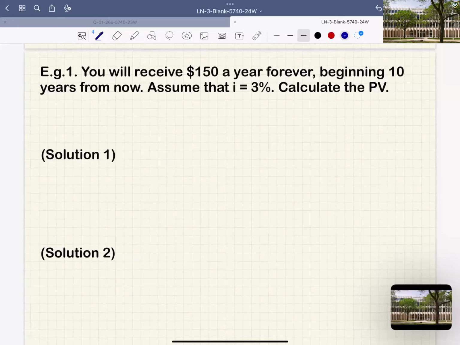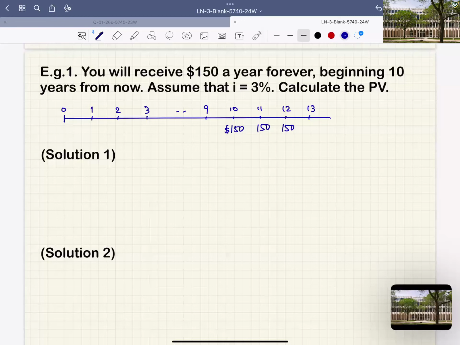So we have the timeline starting with t equal to 0, but the payment starts at t equal to 10. So we have t equal to 0, 1, 2, 3, up to 9, and 10, 11, 12, 13, and so on. Starting at t equal to 10, you will receive $150 payments: 150 here, 150 here, 150 here.